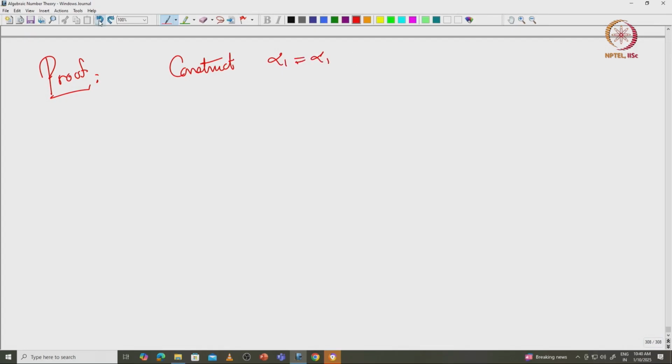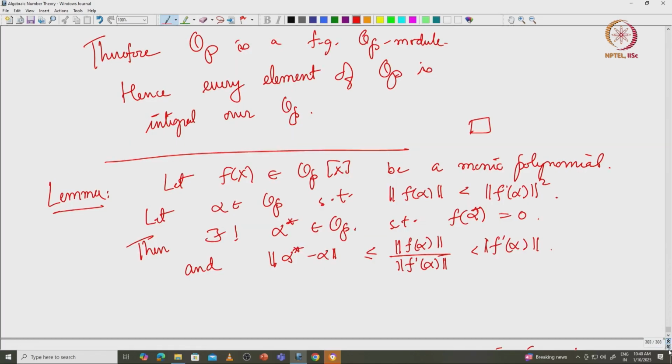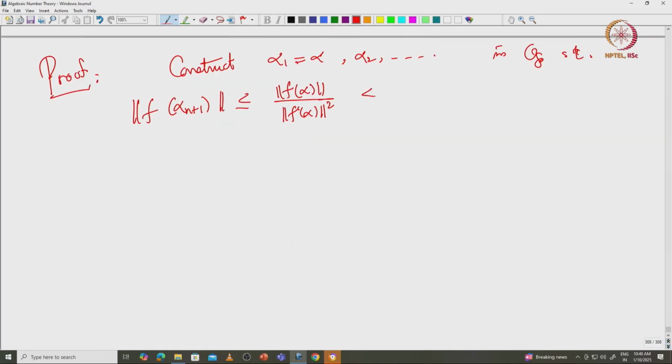So, you start with alpha, alpha 2, etc. in O_P such that the following holds: the valuation of f of alpha n plus 1 is less than or equal to the valuation of f of alpha n divided by the valuation of f prime of alpha n squared, times the valuation of f of alpha n, and this is strictly less than the valuation of f of alpha n.